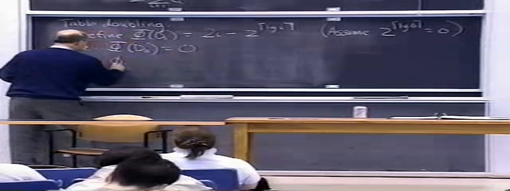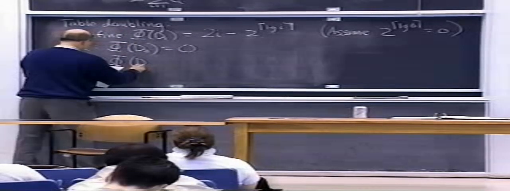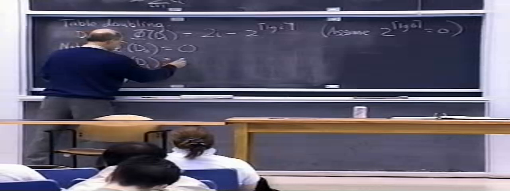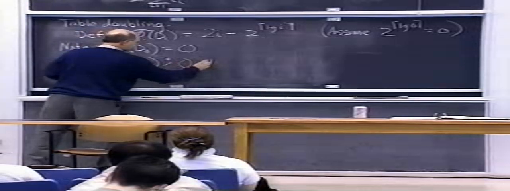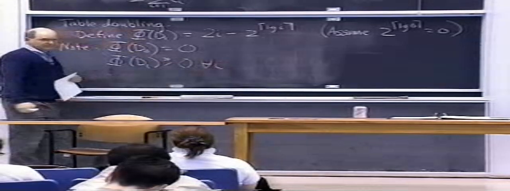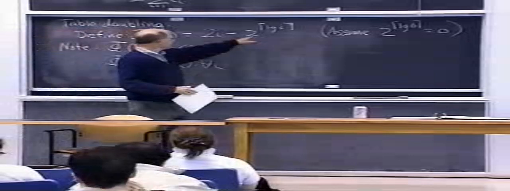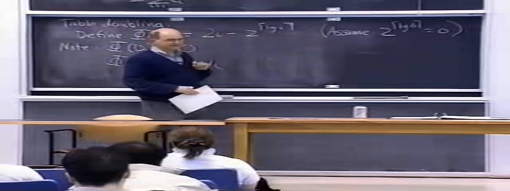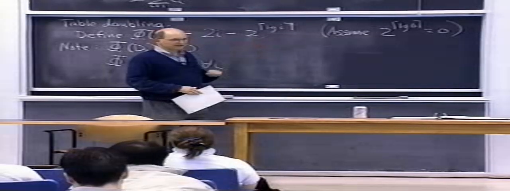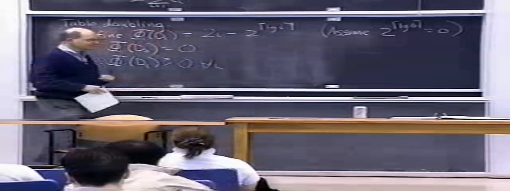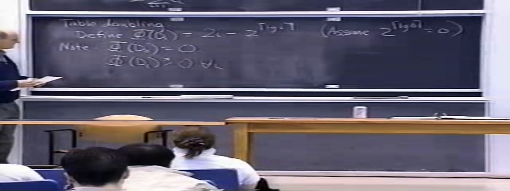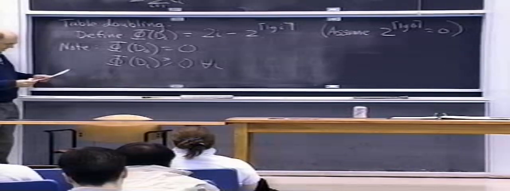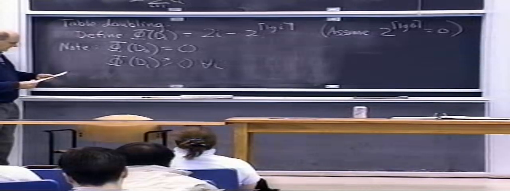And what is phi of Di? Is it greater than or equal to 0 for all i? Yeah, because this is 2 to the ceiling of log i. That's always less than or equal to 2 times i. Good. Okay, so let's take a look.